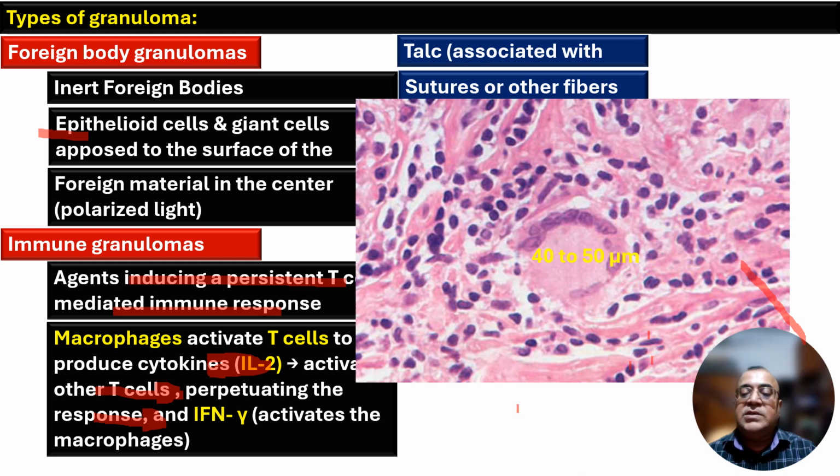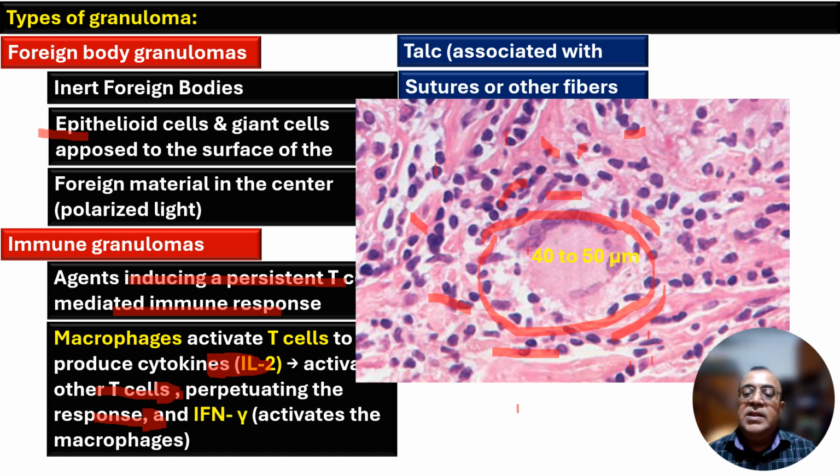Here, you cannot see the caseation right now, but there is a large cell. There are many epithelioid cells surrounding it, along with some lymphocytes, and there is a giant cell about 40 to 50 micron in diameter.